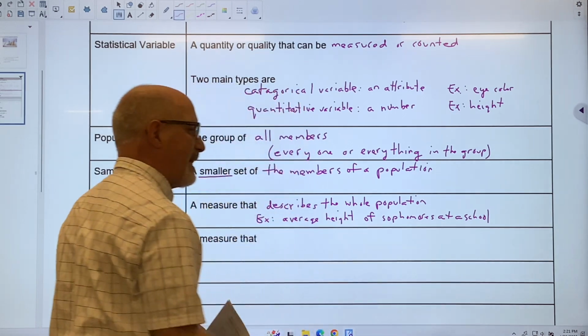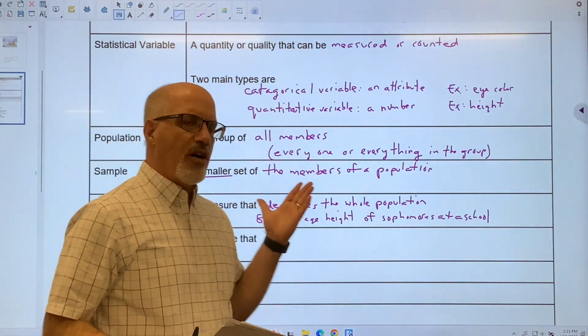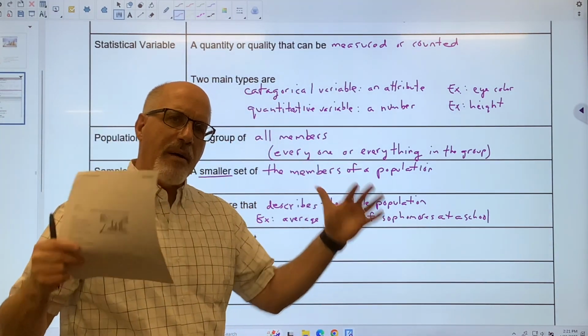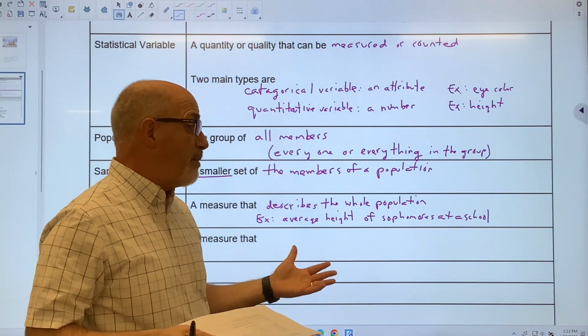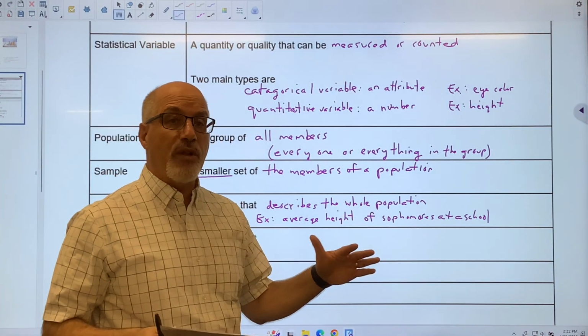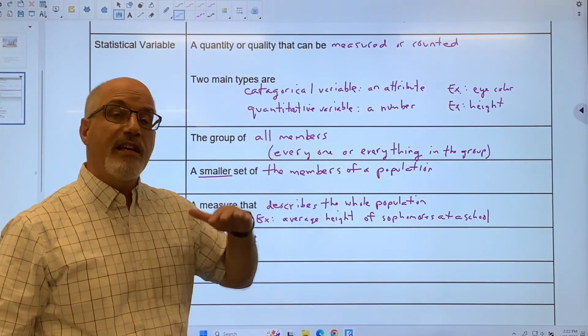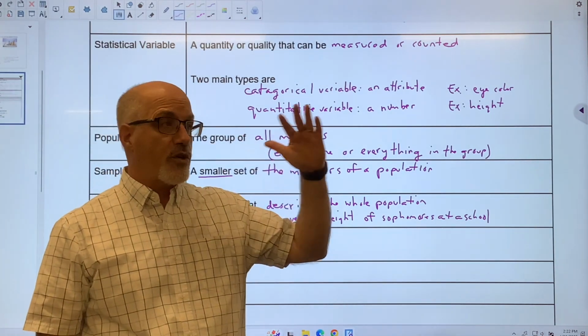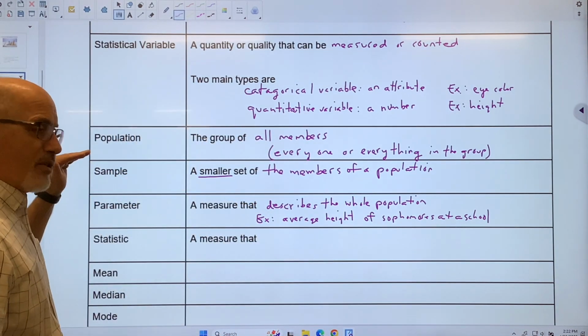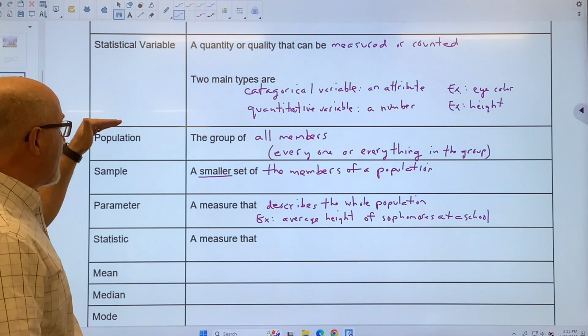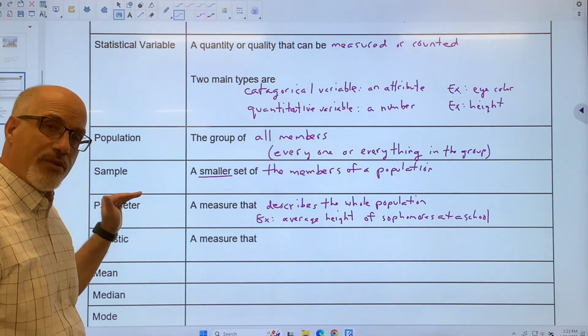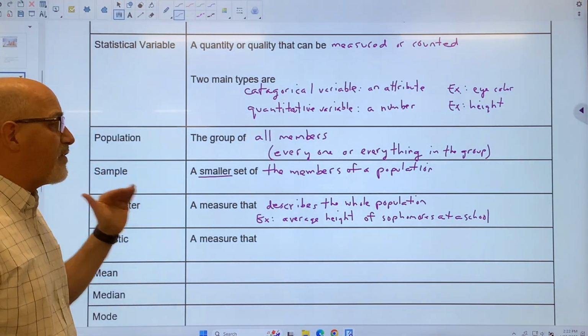Now notice that in this case, the way that's phrased, all the sophomores at the school are the population. Now I could make that population a sample if I was using that to find out information about sophomores across the nation. So that's why I'm saying that populations can become samples and vice versa. We just have to know what the question is.